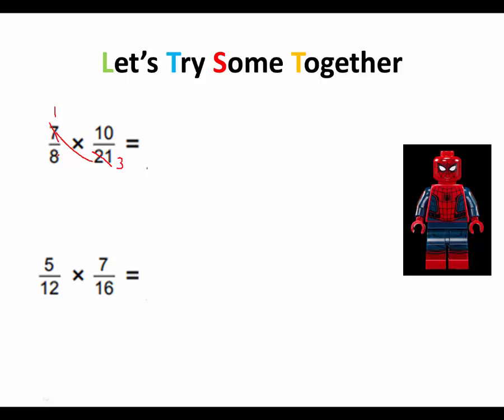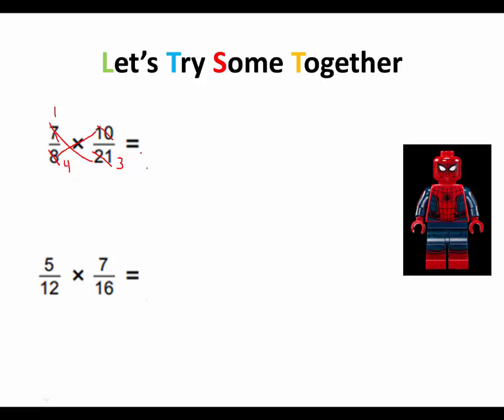And then I'm going to check my other numbers and see if I can cross simplify them. So do 8 and 10 share a number that is divisible? And I would think to myself, yeah, 2 can go into 8 and 2 can go into 10. So we're going to go ahead and simplify those. So 2 can go into 8, 2, 4, 6, 8, 4 whole times.